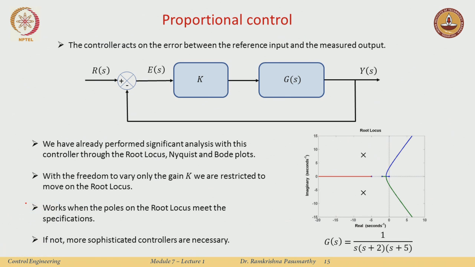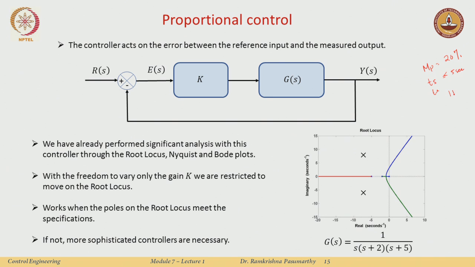Let us say I am given that my peak overshoot should not be more than 20%. I am also given a specification that the settling time should be say 5 seconds or less, and maybe some other things on TR and so on.